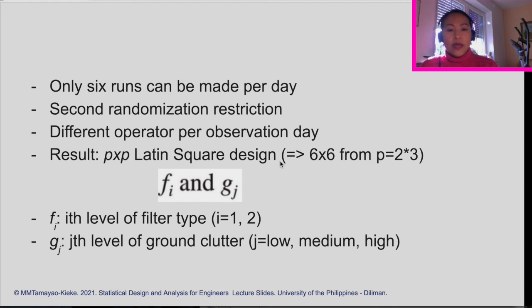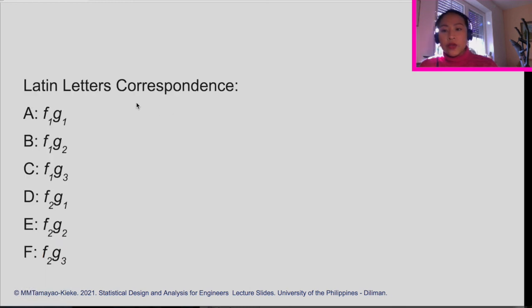Therefore, you need a 6 by 6 Latin square design. Now, the Latin letters would correspond to F1G1, F1G2, F1G3, and then F2G1, F2G2, and F2G3 for A, B, C, D, E, and F respectively.